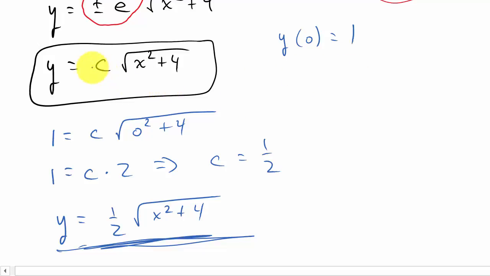If c is 2, then that gives you another solution. But when they give you a condition like this, they're saying we want the solution to the differential equation that's going through this particular point here. And y of 0 equals 1 is basically going through the point 0, 1. So this right here is your general solution, and this would be your particular solution.